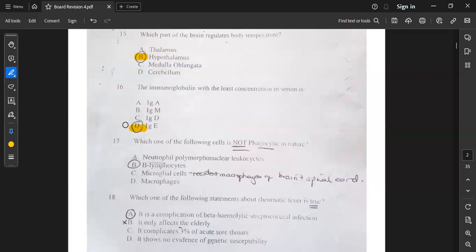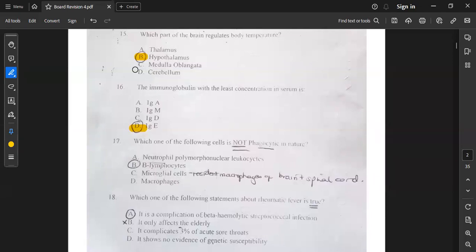Okay, I think for immunoglobulins, we had discussed last time their structure and all. 16 is E, not D. D is at least, so the highest we have is IgG, followed by A, M, D, and E. The easiest way to remember is by their concentration.